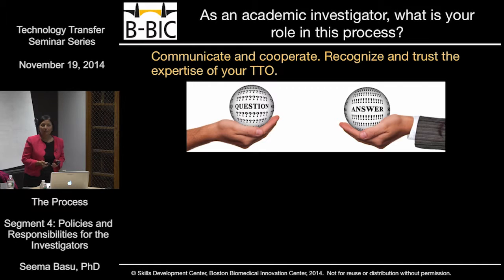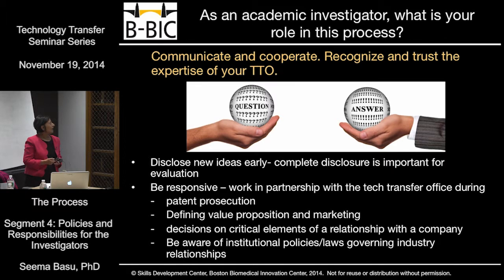Your technology transfer office has built expertise in this process in trying to be at the interface of science, intellectual property, contract law, and understanding development of products. So cooperate with your technology transfer office, give them time to evaluate your technology, time to iteratively interact with you to evaluate the right path for the invention and in a timely way.